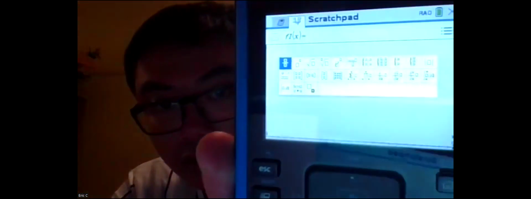Press enter, and then type in 1 over x minus 1, to the power of 3 over 4, and then just do the plus 2. Then you press enter, and you get something like this.